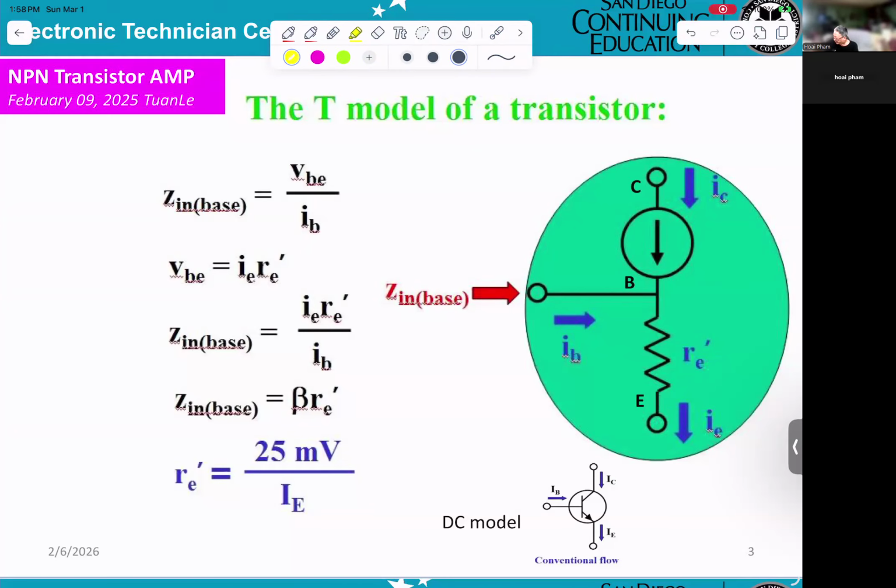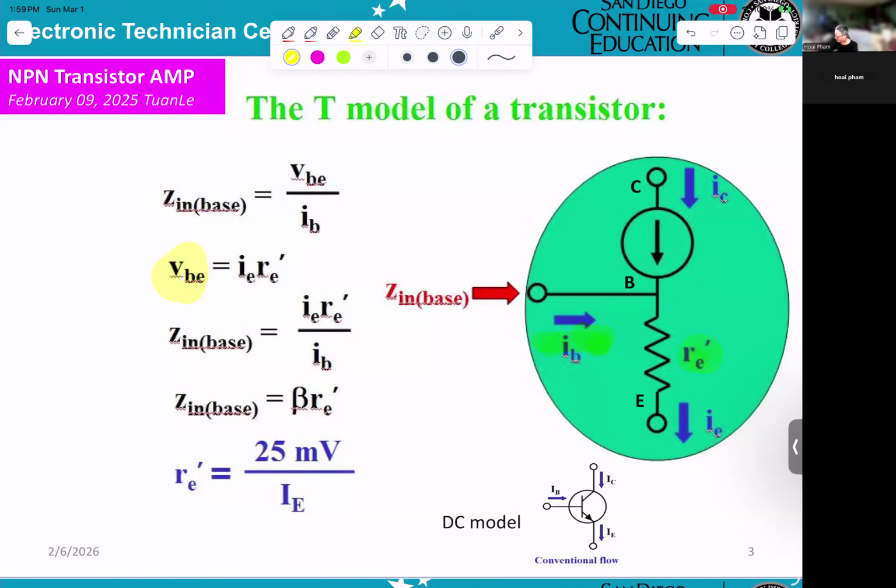Z in, that means input impedance, will be equal to VBE divided by IB. And VBE will be equal to IE times r'e.